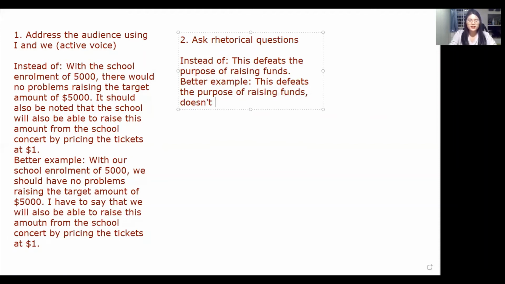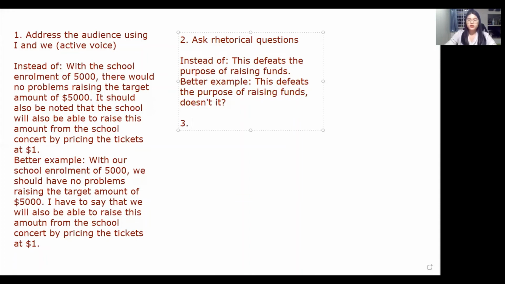Right? When you are asking this short question at the back, when you are asking a rhetorical question like this, it gets people thinking, right? Should I be raising the funds? Does this defeat the purpose of raising the funds? Right? Then when people are thinking, again, this means engagement with your speech.